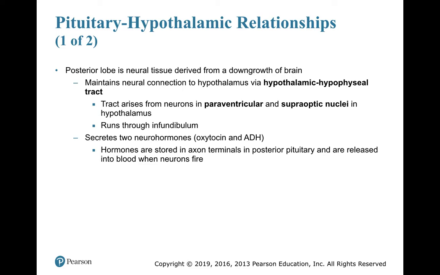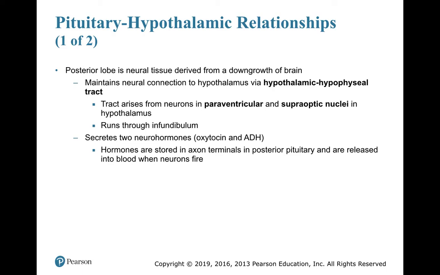The posterior lobe is neural tissue of the pituitary. It's a downgrowth from the brain. It maintains a neural connection to the hypothalamus, so it's kind of the go-between between the nervous system and the endocrine system. There are tracts that arise from neurons in the paraventricular and supraoptic nuclei in the hypothalamus, and they run through that infundibulum.